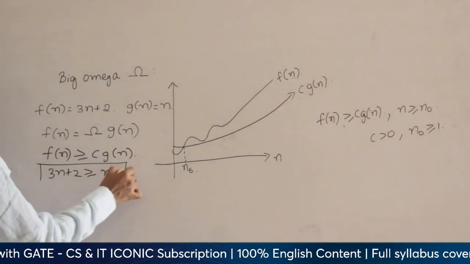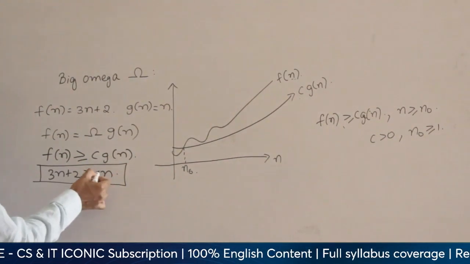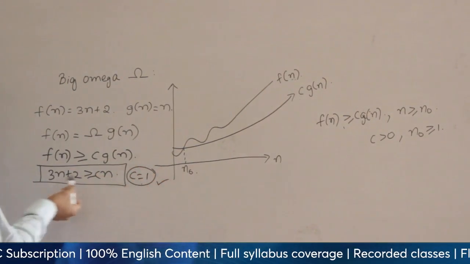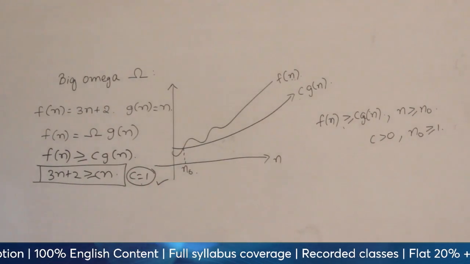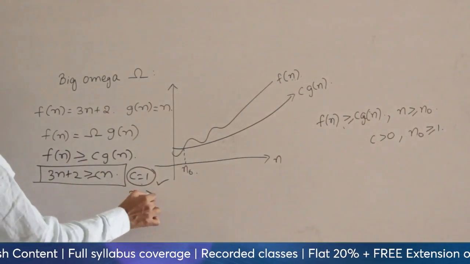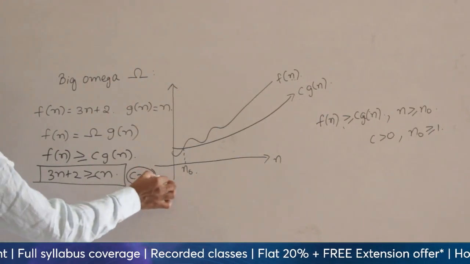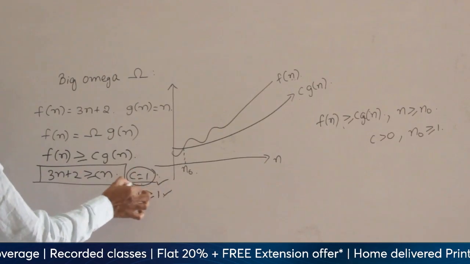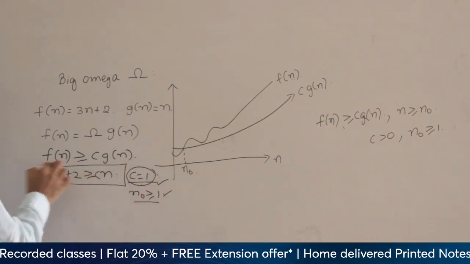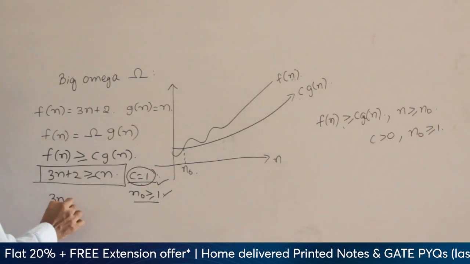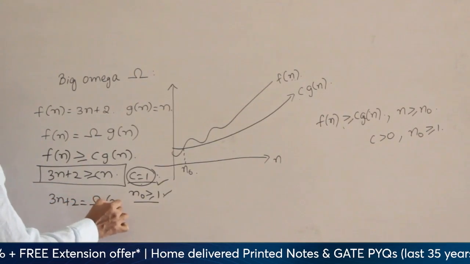Obviously 3n plus 2 is greater than or equal to c into g of n even if c equals 1, right? So even for c equal to 1 this is true, and moreover for what values of n? All values of n. Therefore n naught is greater than or equal to 1. So c equals 1 and n naught is greater than or equal to 1. We found the values of c and n for which the condition gets satisfied. Therefore we can say that 3n plus 2 is omega of n.